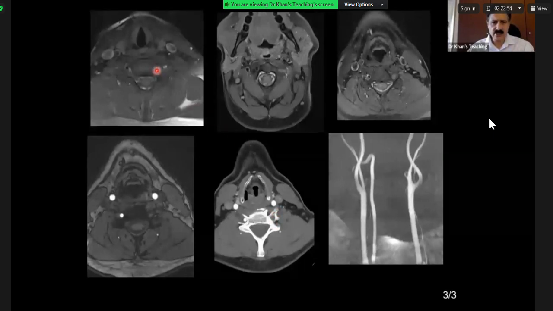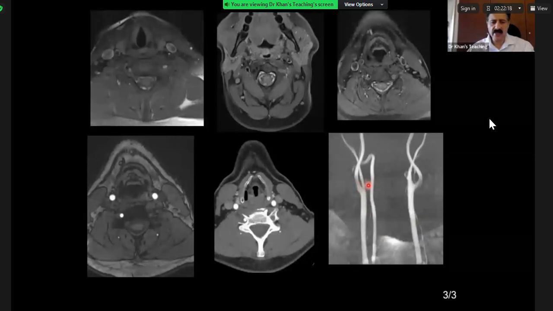But having said that, these sequences, which were T1 fat saturated, really help you to see what is happening inside. This is a time of flight MRA, which also showed you the same thing. But on this, you will never be confident if that dissection is there. And another point here is that this is time of flight MIP sequence, where, as I told you in the beginning, you can see on the right side the common carotid, then the internal carotid, and the external.